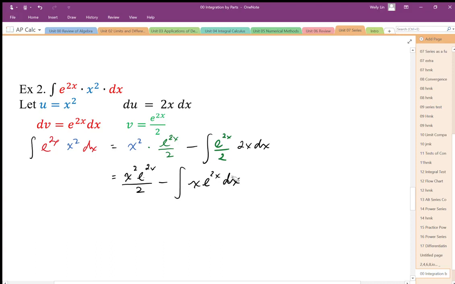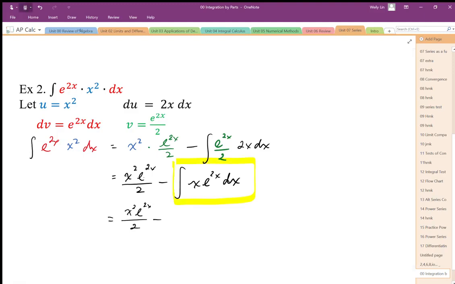However, when I look at what I started with, this is a little bit better, and it's essentially the same form, which means, why can't I reapply integration by parts again? In fact, I can. I'm only going to apply it to the integral, so this part's been resolved, but I can reapply integration by parts on this piece right here.